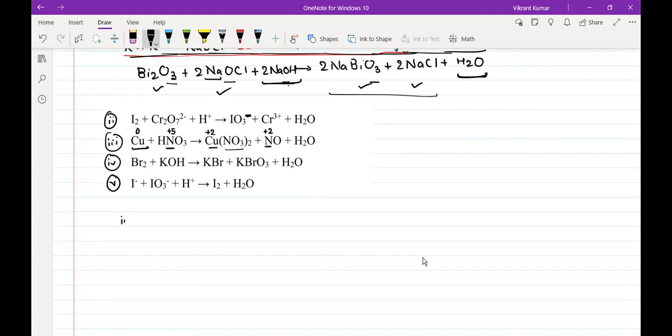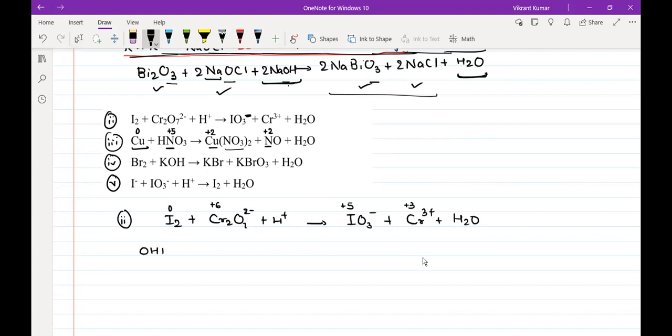Okay, I'll solve the second one. Enough time given for the second one. So we have I2 plus Cr2O7 2 minus plus H plus giving IO3 minus plus Cr3 plus H2O. Now if I write oxidation states, we see 0 to +5 and +6 to +3, and that's why the oxidation half will be I2 giving IO3 minus.